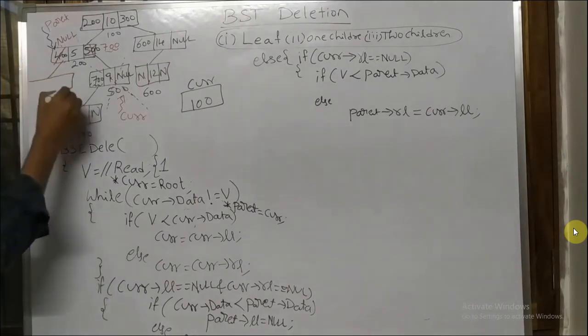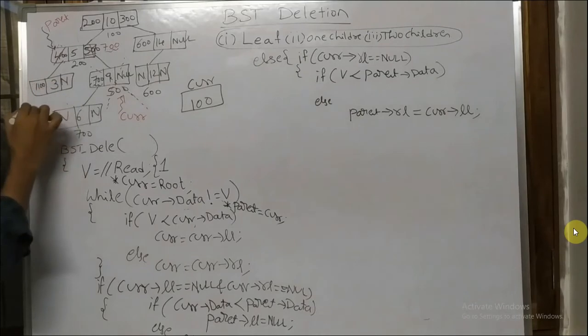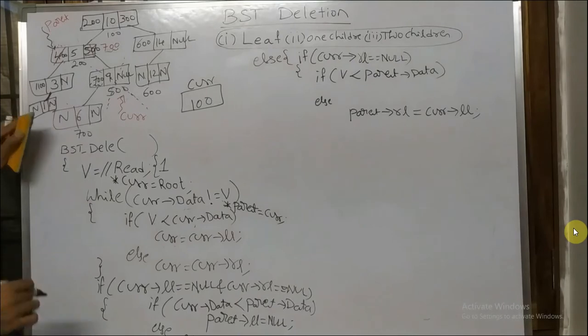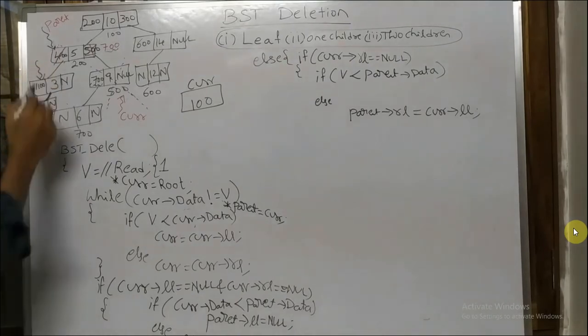Let us assume that there is a node 400 with a value 3, with 1100 and null, and assume that it has 1 with null like this. Suppose, for example, I want to delete this node.